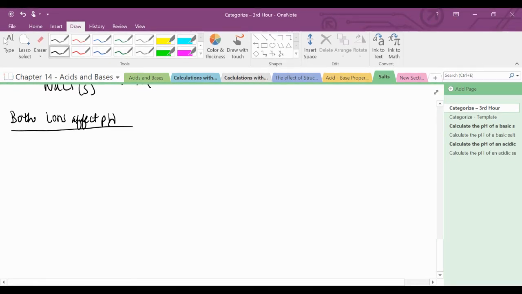Now, we're just categorizing. So we need to just be able to identify if it's an acidic, basic, or neutral salt. So for here, we're going to compare the Ka value and the Kb value.